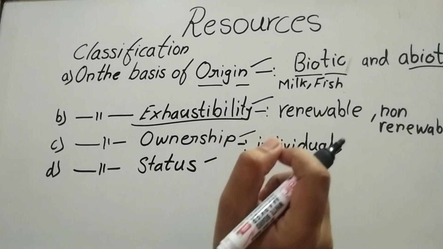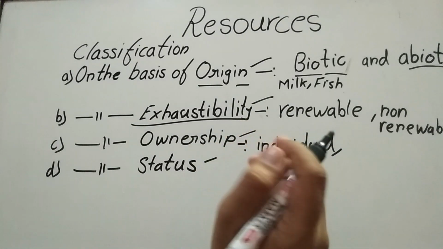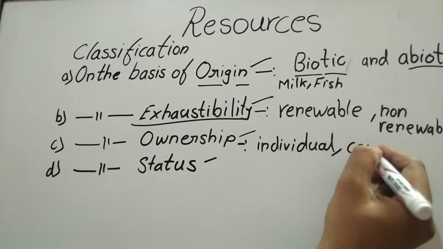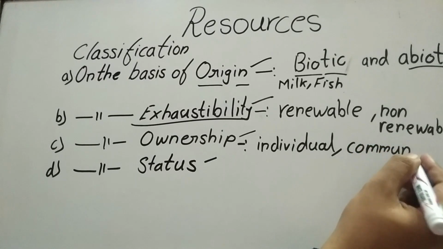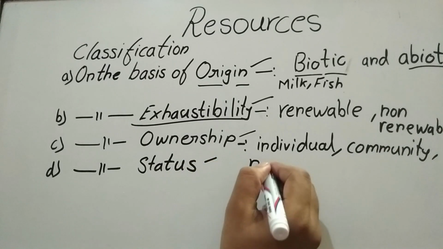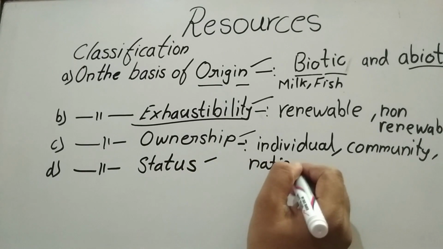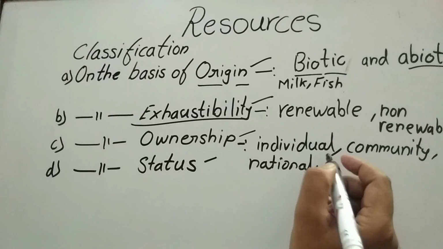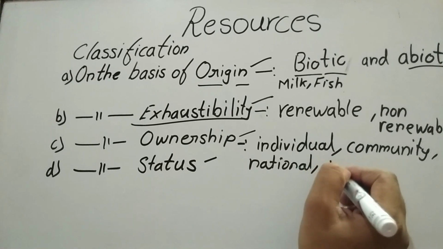Ownership, मालकी हक, ठीक है. Resource owned by community, resource owned by nation, that is known as a national resource, or resource owned by the world community, known as international.